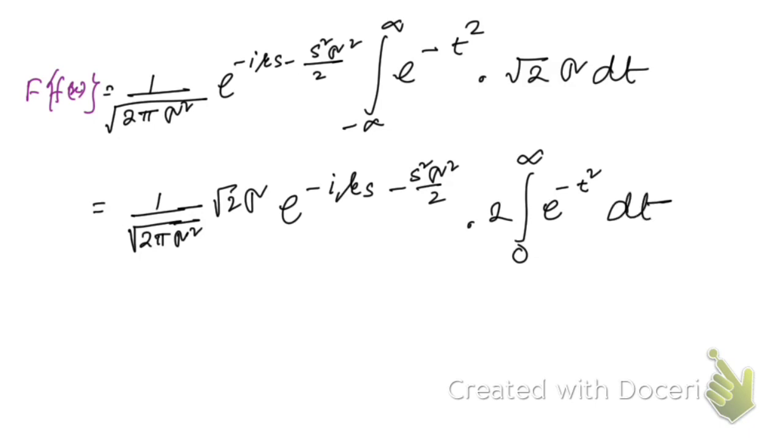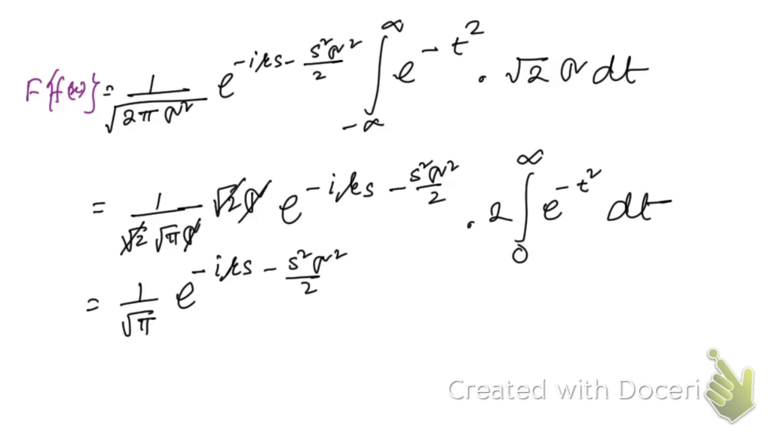So here you see this is nothing but your root 2 into root pi into sigma, right? So this root 2 cancels, sigma cancels, so we have only 1 by root pi, and e to the power minus i sigma s into s square sigma square by 2.